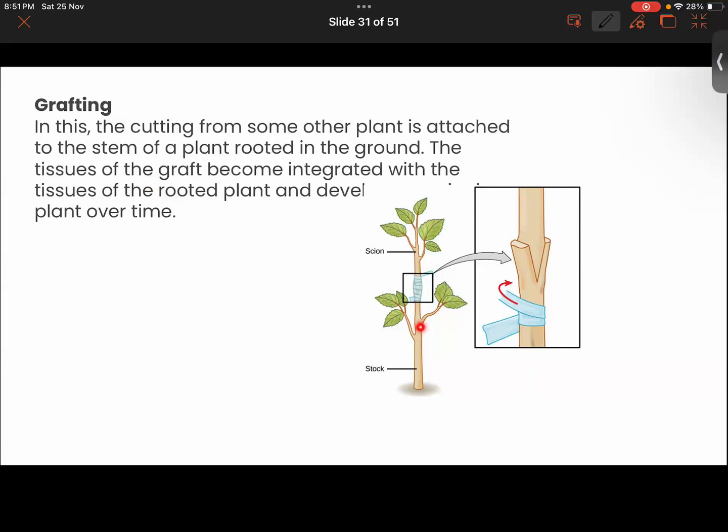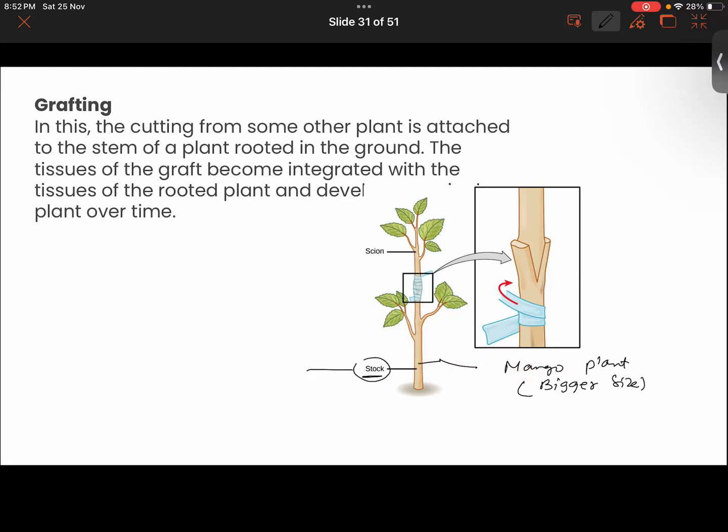Grafting is a method in which two plants are combined, as you can see, to form a new variety. Let's say these are two parts from a mango plant, both belonging to mango plants.